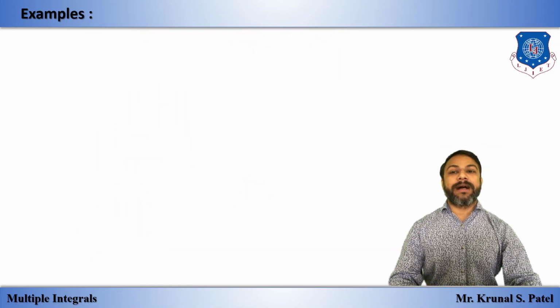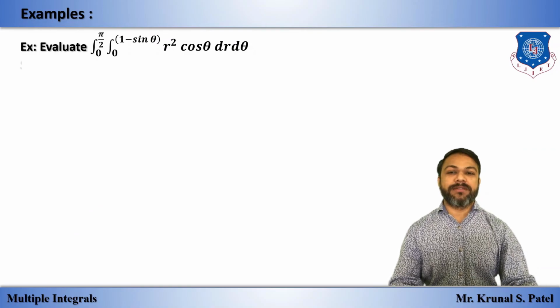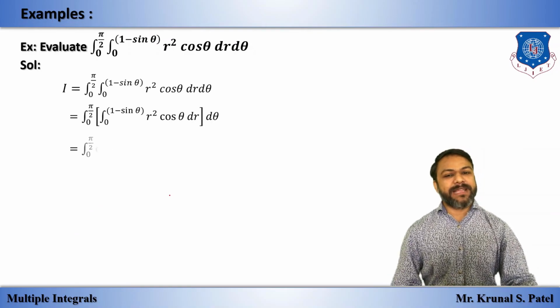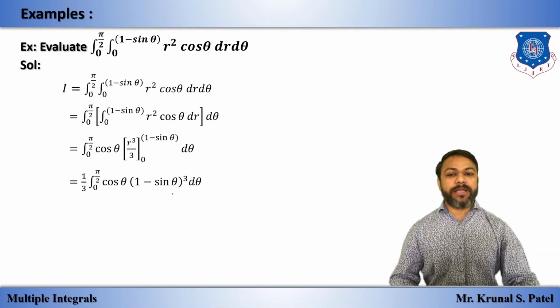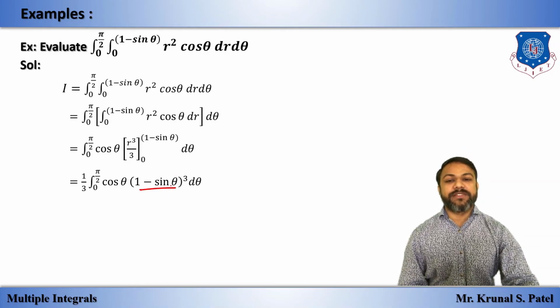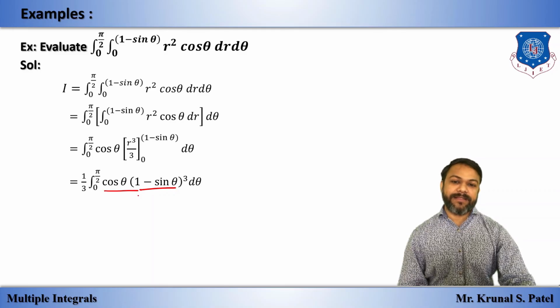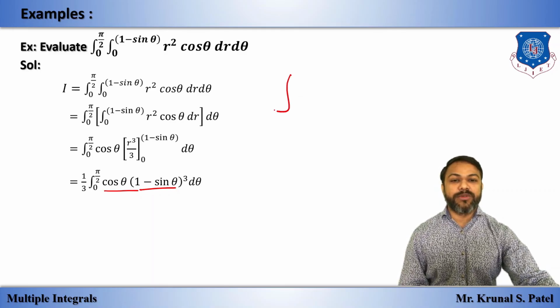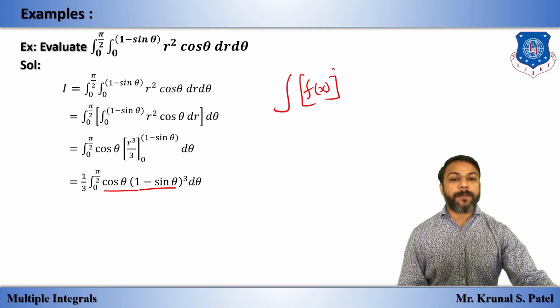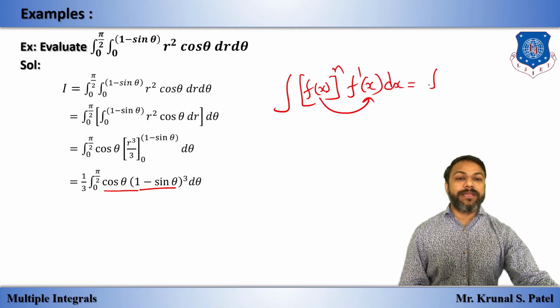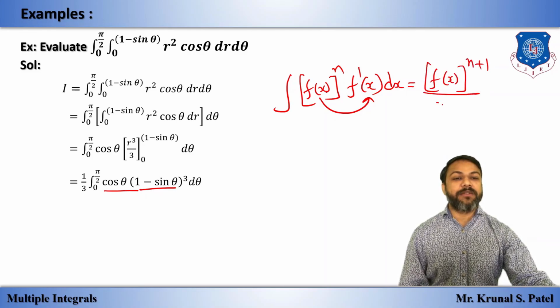With one more example, you can understand the same concept, nothing else. But here, how can we integrate this? We have one formula: if you have a function raised to n and the differentiation of the function is in multiplication, then we can integrate it as function raised to n plus 1 by n plus 1 plus c, where c is the integral constant.